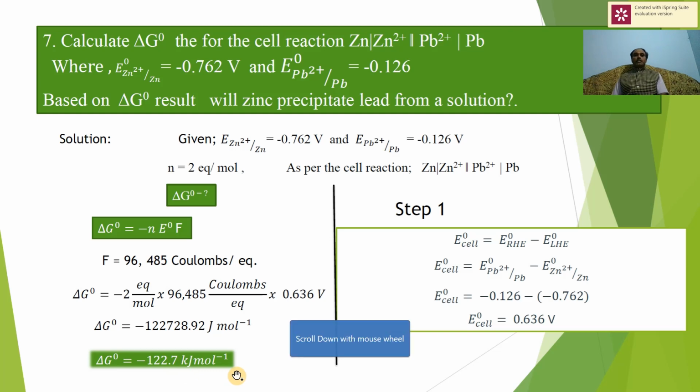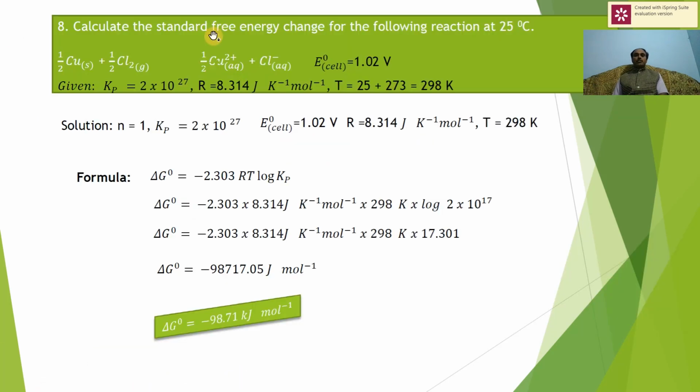Okay, fine. Now, the eighth problem is also on the calculation of the standard free energy change with relation to the equilibrium constant. I will read the problem. Calculate the standard free energy change for the following reaction at 25 degrees Celsius.